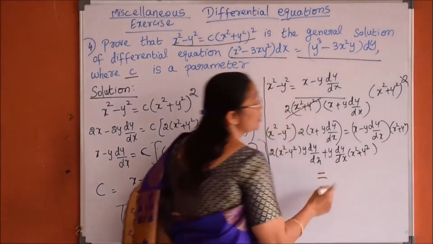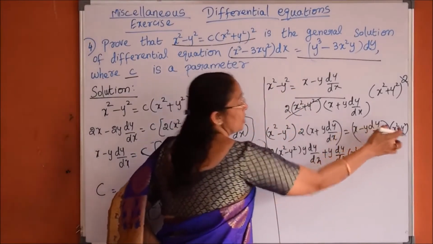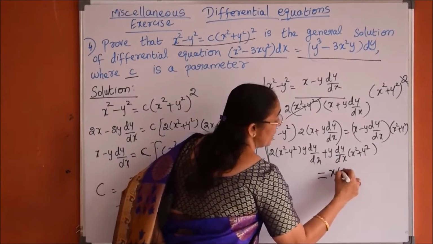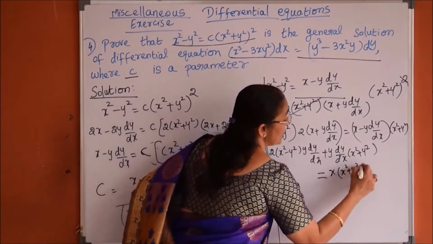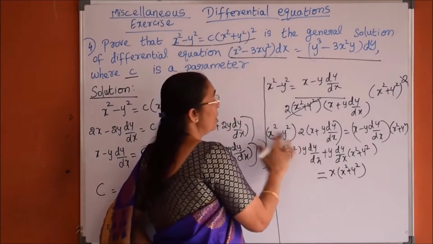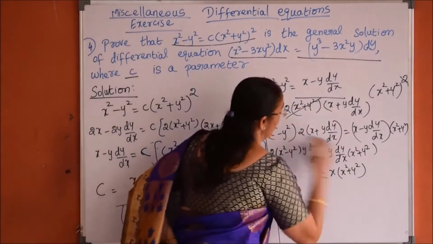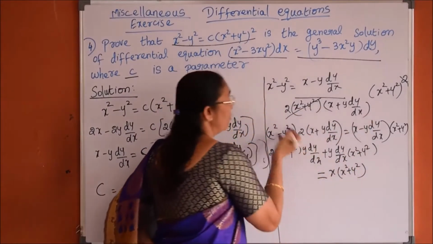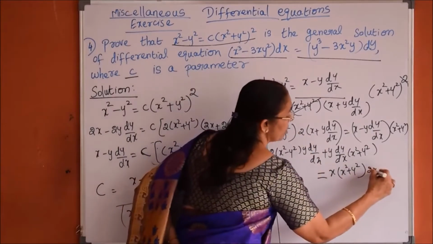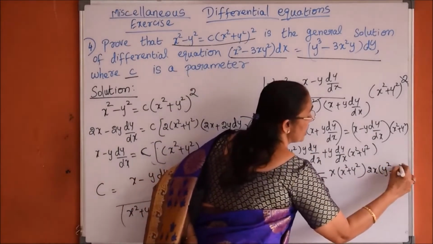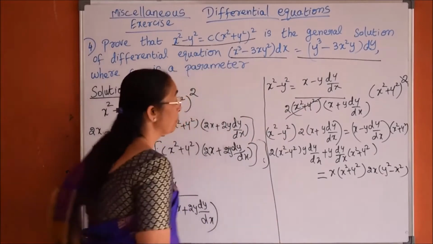This is equal to, already here the term which is not having dy/dx is x(x² + y²), and again from here which is 2x(x² − y²). While taking that side I can write (y² − x²), 2x(y² − x²). Now simplification.